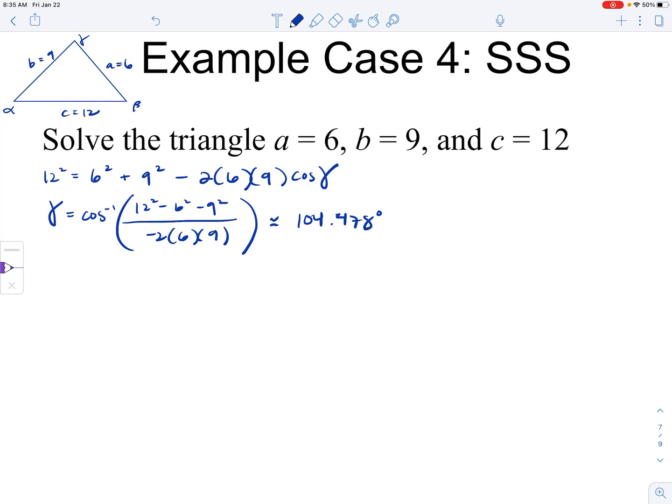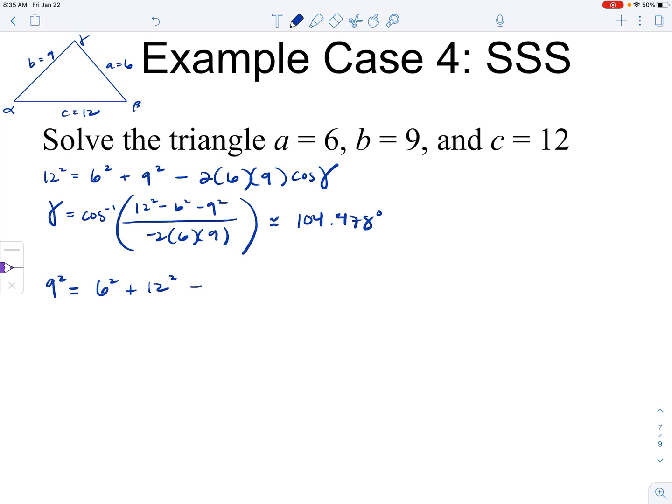Store in your calculator, and you should get approximately 104.478 degrees. Okay, so this is one where if you did not solve for the largest angle first and you switched to law of sines, you would not have solved for the correct triangle.